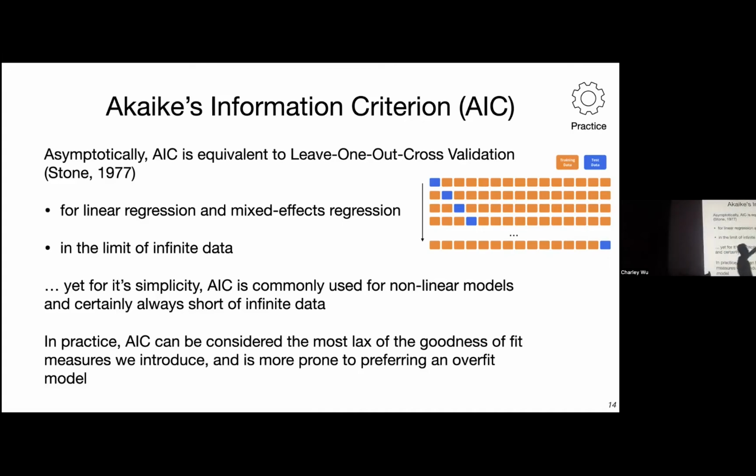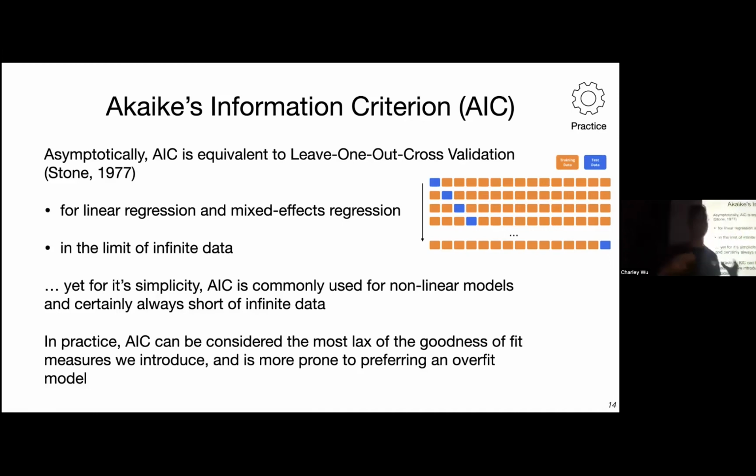Each of these blocks represents one data point, so one choice from a model. We iterate over this data set, training the model on all the data except one data point, leaving that out as a test point, and then predicting that out-of-sample test point. And we iterate, changing which data point we leave out. So we run through the whole data set and predict in this way using cross-validation.